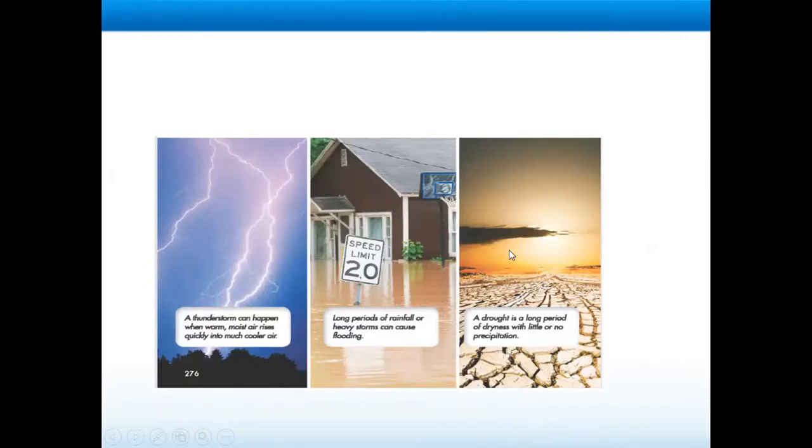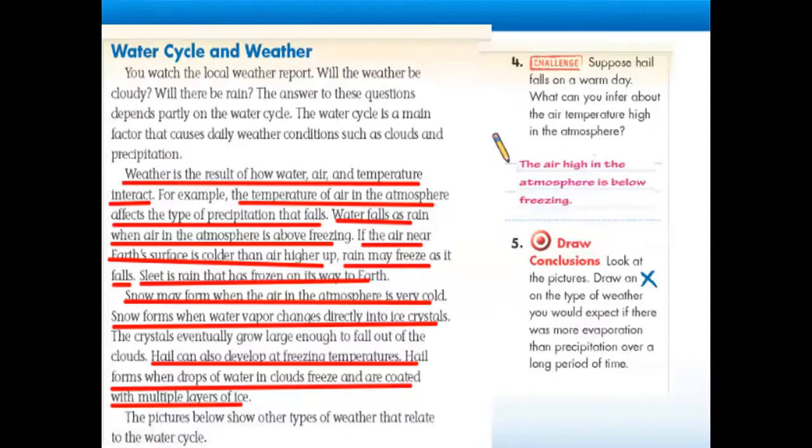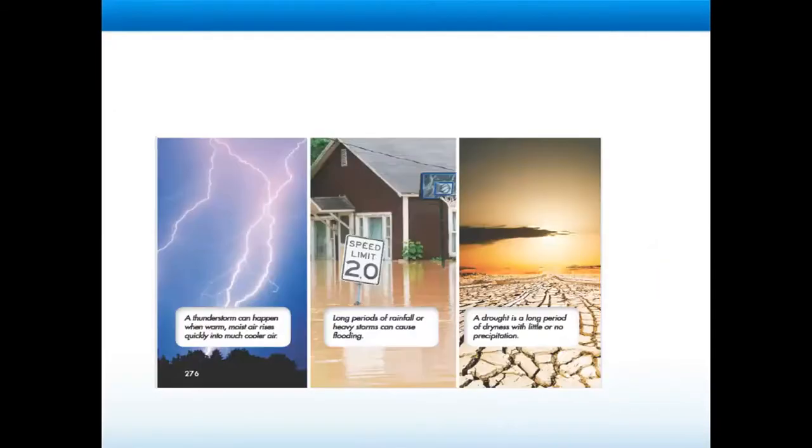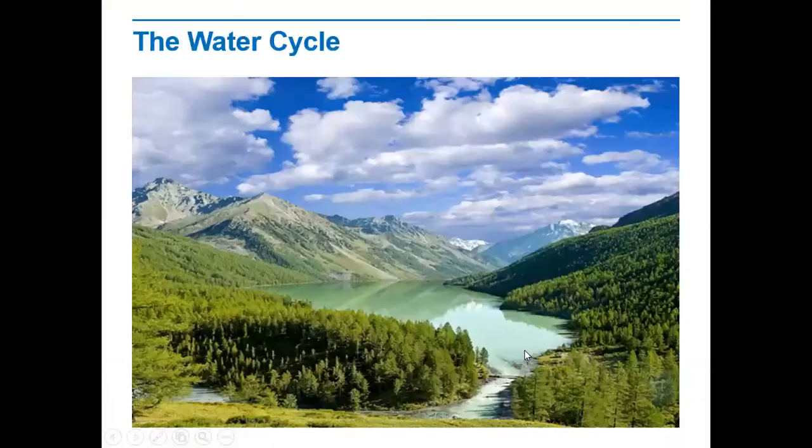All of you put an X on this slide. Here there is more evaporation. Do you know why? Because here the sun heats the water, so there is more evaporation and little precipitation.